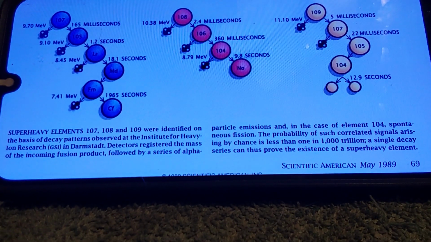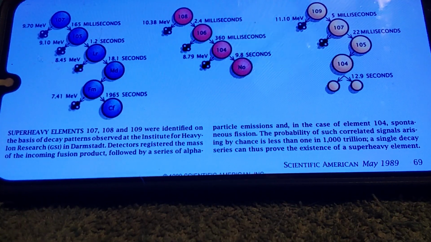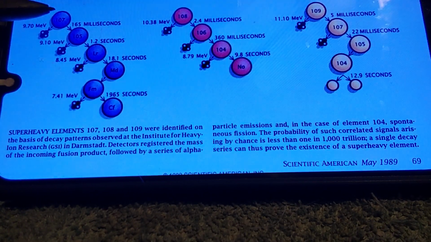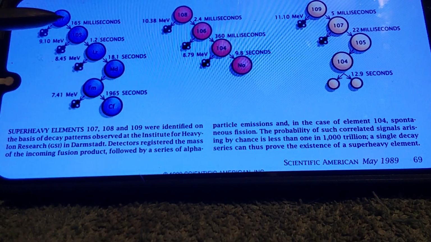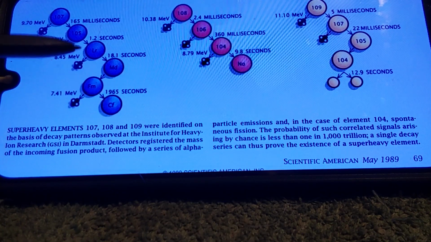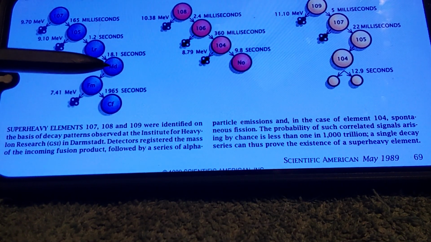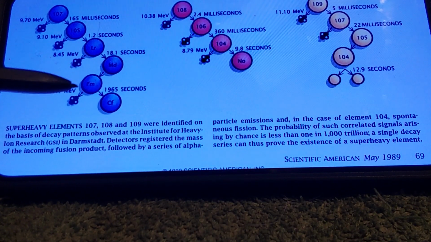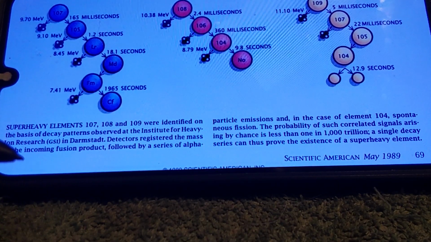All right, here's another illustration I'd like to show you. What happens here when element 107 is bombarded and it splits off a helium nucleus here. Here's a second, 165 milliseconds. This is what happens in 1.2 seconds. It turns into lawrencium. It splits off and turns into mendelevium. And then from that, fermium, and then californium.